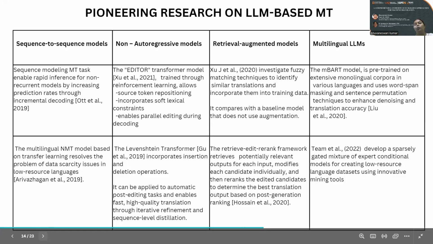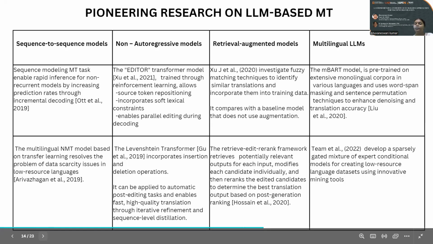In autoregressive models, the editor transformer is trained through reinforcement learning for source tokens, which allows source token repositioning and incorporates soft lexical constraints, etc.